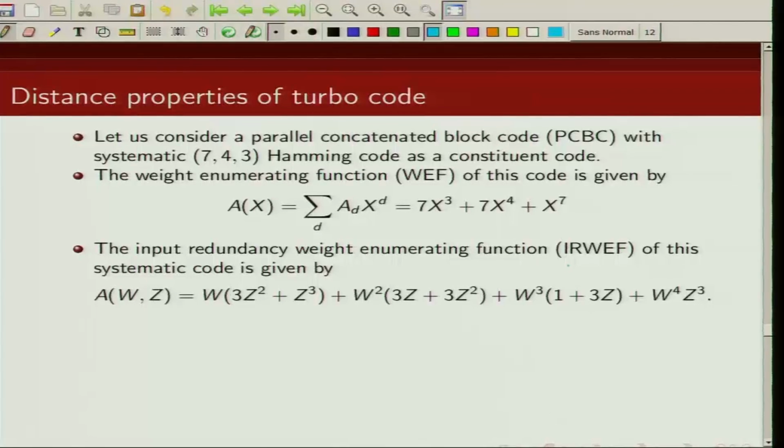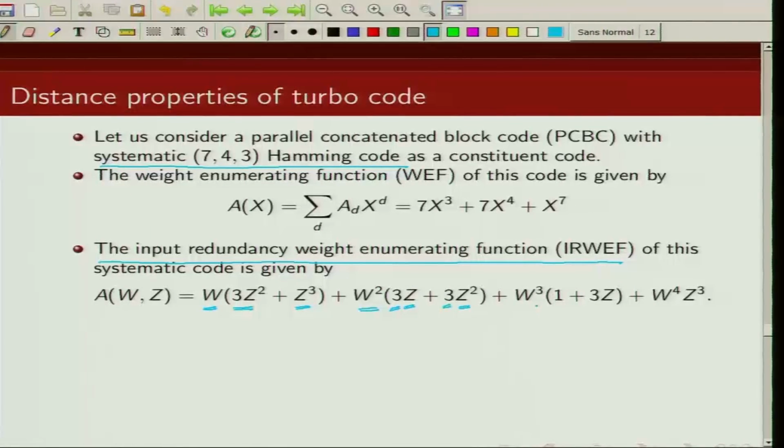Now the input redundancy weight enumerating function, which we have already defined when we talked about the weight distribution of convolutional codes, for this systematic Hamming code is given by this. For an information sequence of weight 1, there exist 3 sequences which have parity weight 2 and 1 which has parity weight 3. For an information sequence of weight 2, there are 3 sequences which have parity weight 1, 3 sequences which have parity weight 2, and so on.